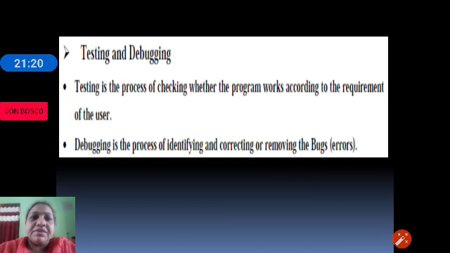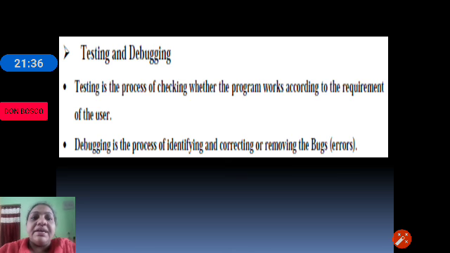Debugging is a process where we debug the errors. Debugging means finding faults or errors in a program and also removing or correcting them.